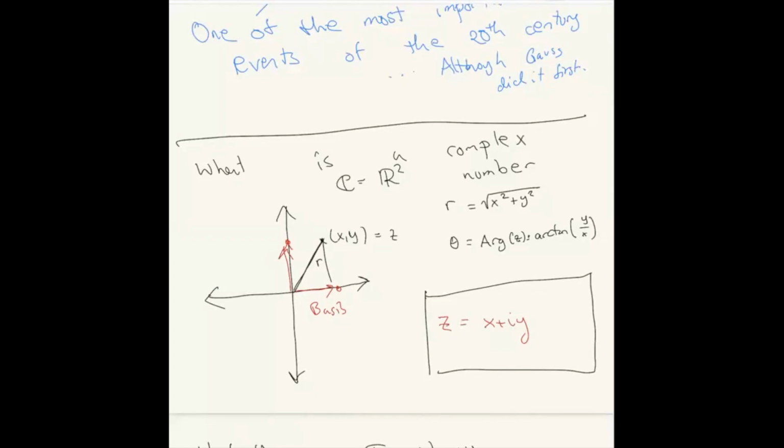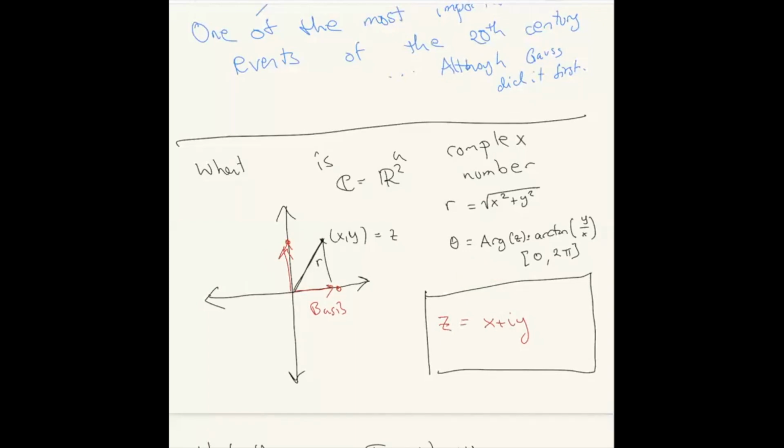This usually by convention, often it's obtaining values between minus pi and pi, but for us, we will look at values between 0 and 2 pi, again with the understanding that it's not unique. If you have theta, then also theta plus 2 pi will be an angle for the same element.